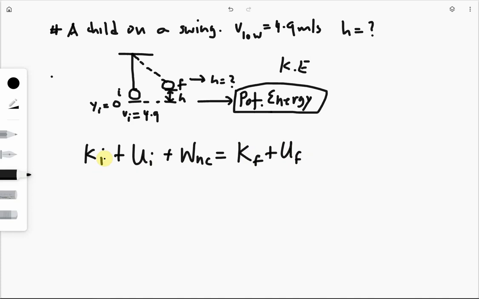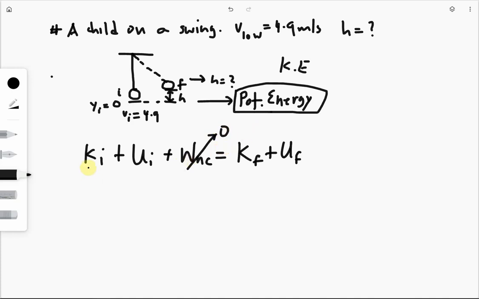So the initial kinetic energy plus the initial potential energy plus the non-conservative work, which is the work done by friction or air resistance, is equal to the final kinetic energy plus the final potential energy. In this problem, we are ignoring air resistance, and since the swing is not touching the ground, we can ignore friction as well. So the work done by non-conservative forces is 0.